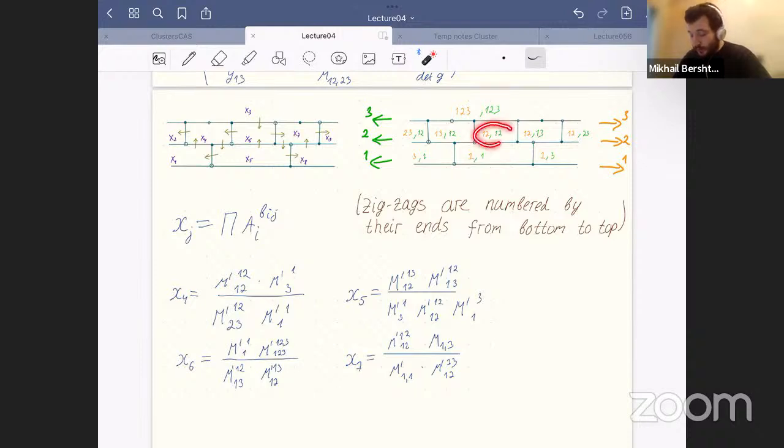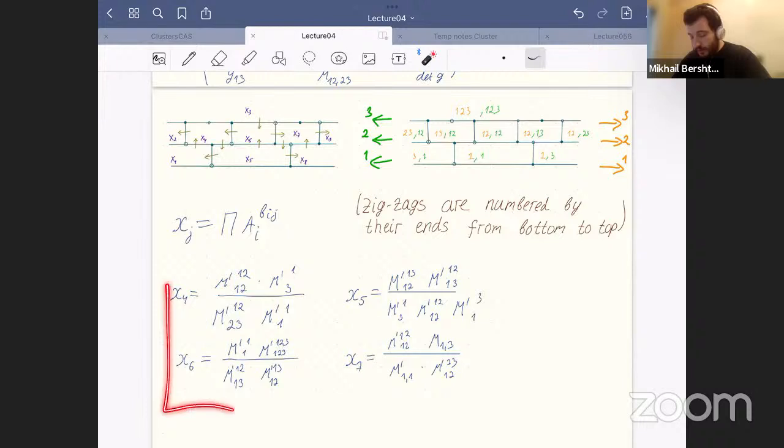So for this face, in the numerator we will have this and this, I believe. And in the denominator, we will have this and this. And here is the formula. So you can take this element, multiply by the term, and divide over this and this, and get it.